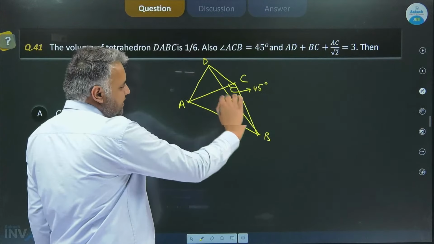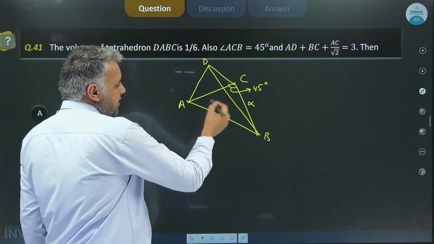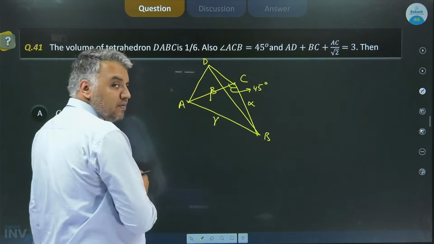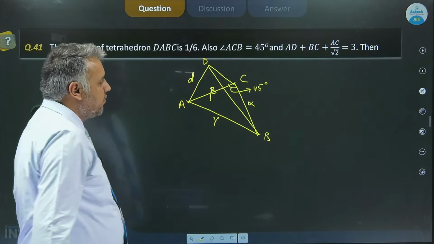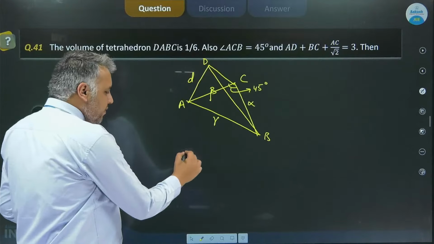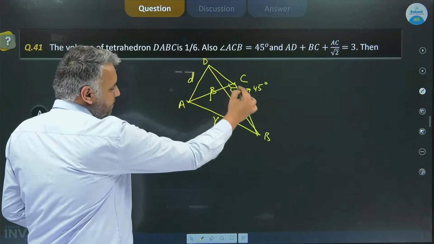Okay, let's assume the side lengths. Say this length, the side length BC, is alpha. This length is beta. And say this length is gamma. And this AD length is D. Now the volume of this tetrahedron will be 1/3 into area of base. Say we are taking the base as ABC.